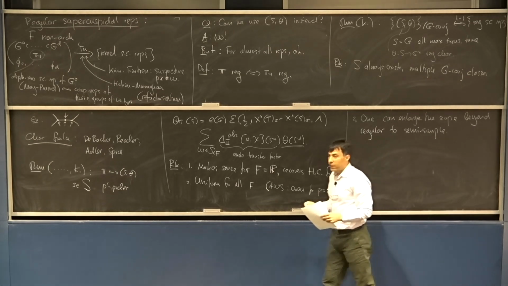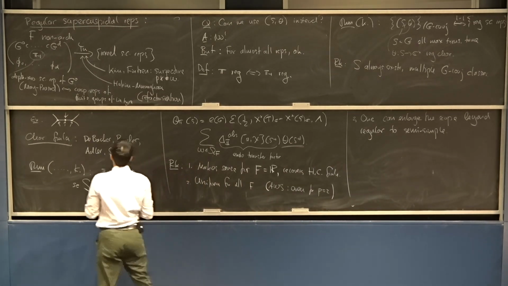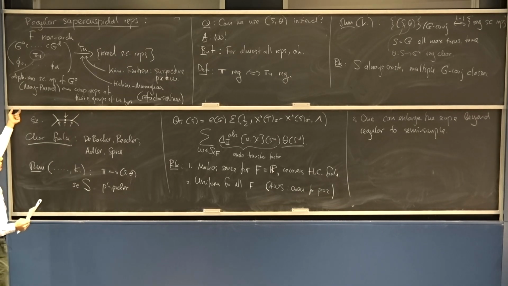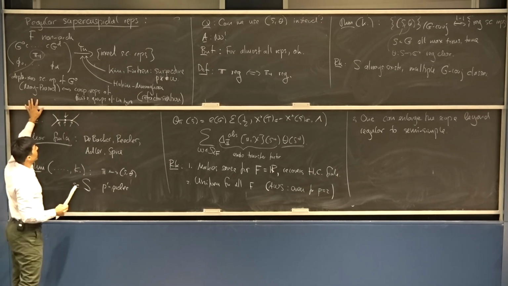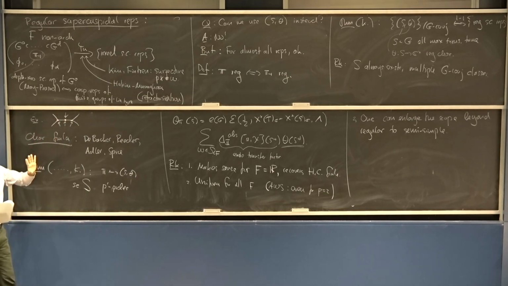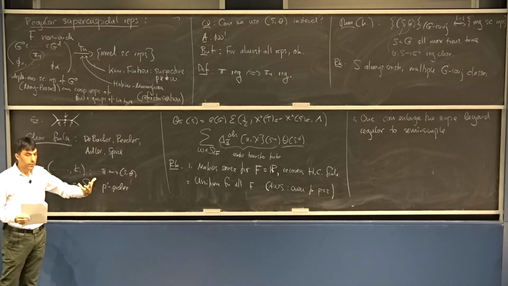Let me just say verbally what I mean by semi-simple supercuspidal. We started with Yu's construction, which had a depth 0 part that by Moy-Prasad got reduced to a cuspidal representation of a finite group of Lie type. Our assumption was that this was a regular discrete series representation.